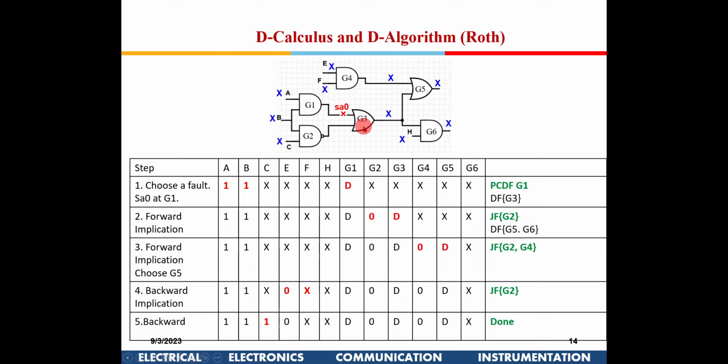Whereas here G3 is unique because now there is no option available for us. Whenever we are making a choice, it's not unique. Here there is no option, but this has to go through this place. So G3 is unique, whereas G5 and G6 are not unique. Okay.